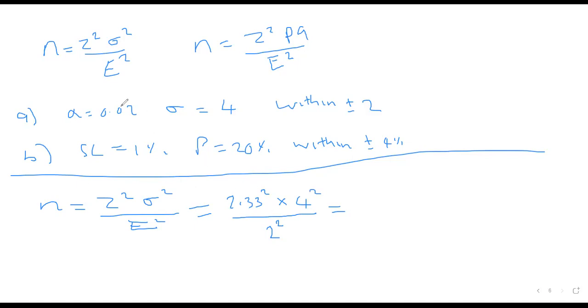So here I'm just substituting. Z squared is 2.33. Our standard deviation is 4, and our error is 2.